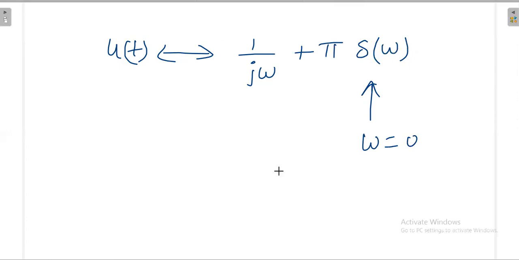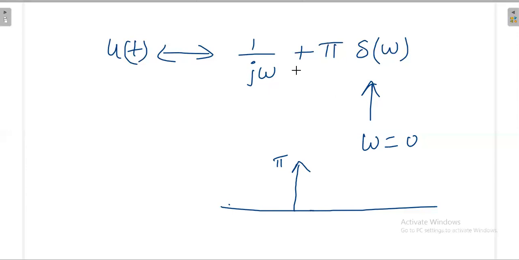So again, this also we can write like this. If you have a frequency axis, exactly at omega equal to 0 you have an impulse with amplitude pi. At omega equal to 0 it is infinite.